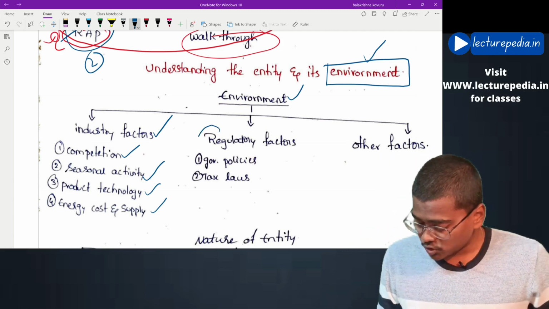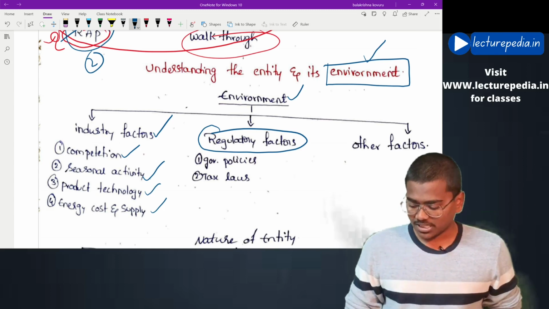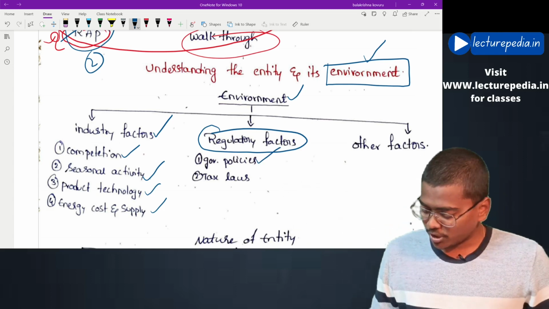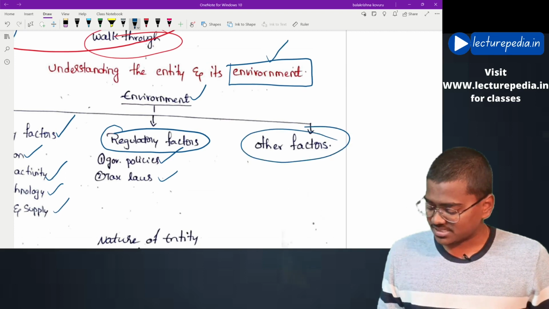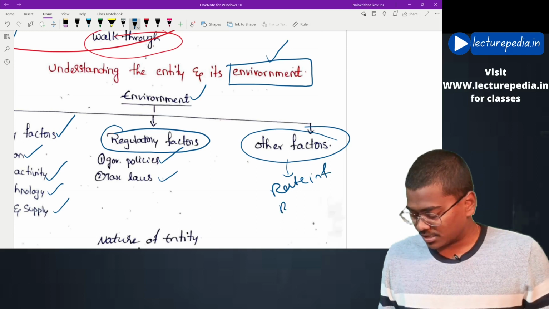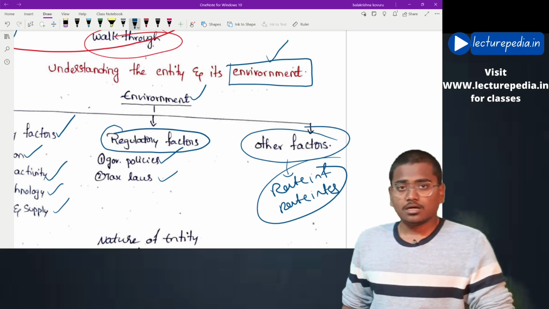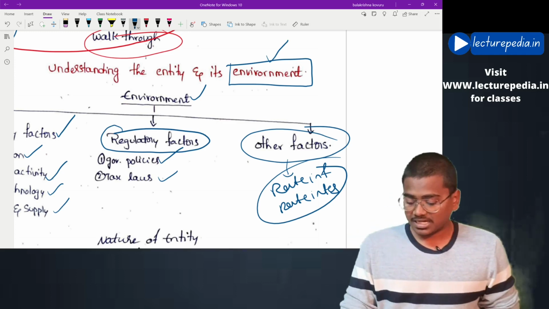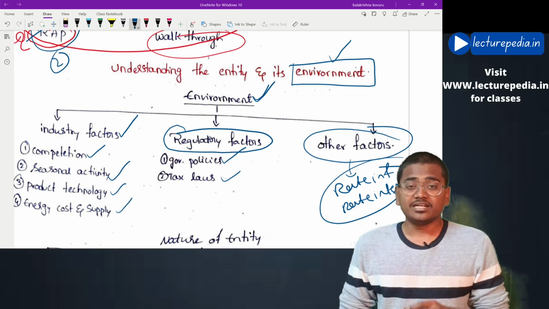After that, he will also understand regulatory factors. Under this he will see government policies and tax laws, and he will also consider other factors like rate of inflation and rate of interest. Like this, other factors also the auditor will consider while obtaining understanding of the environment in which the entity is operating.